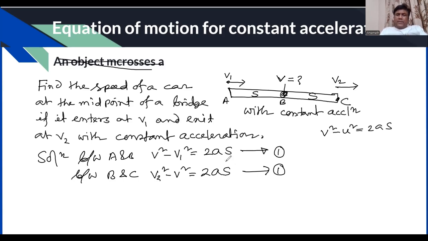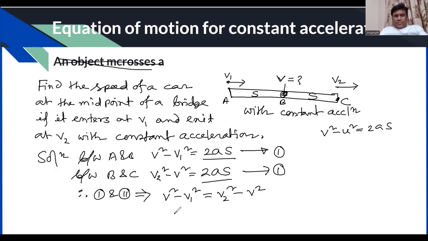So from 1 and 2 you can see V square minus V1 square must be equal to V2 square minus V square, because the right hand side is same. So from that you can say 2V square equal to V2 square plus V1 square.